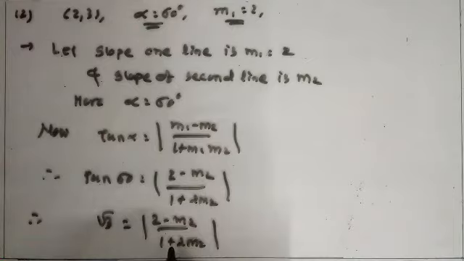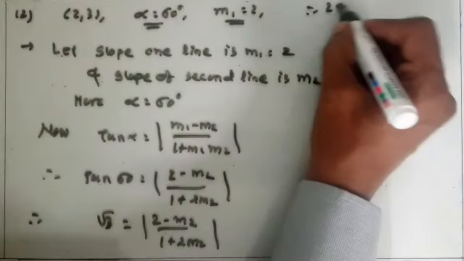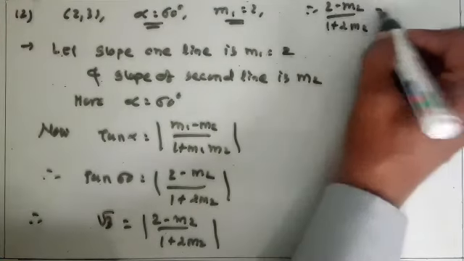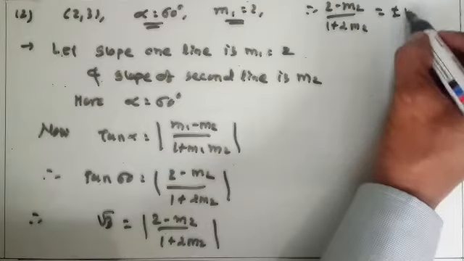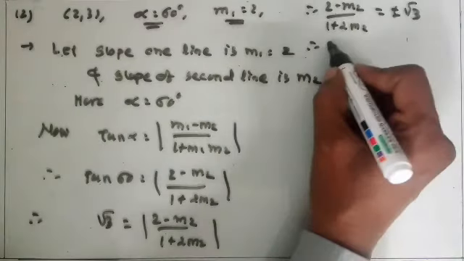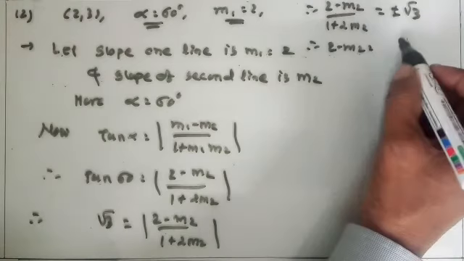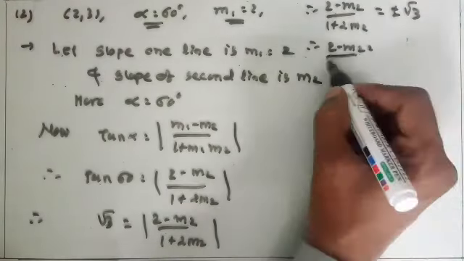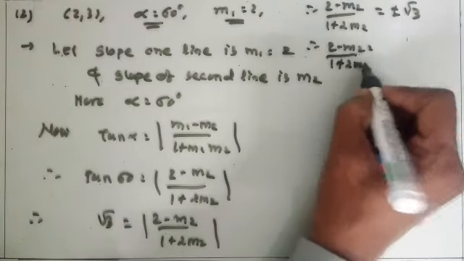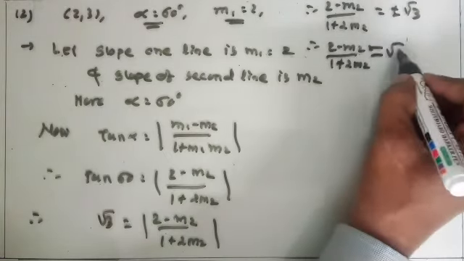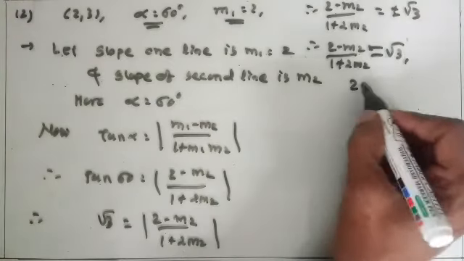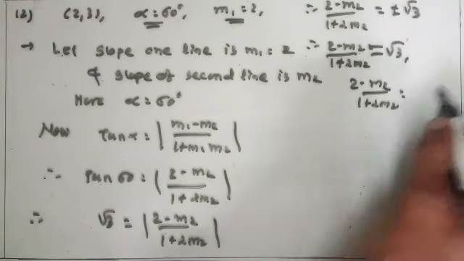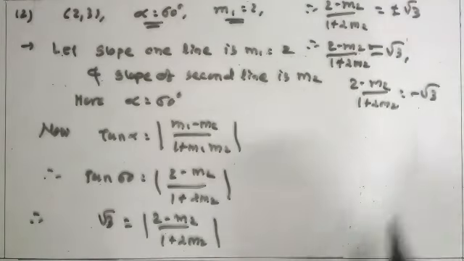Now eliminate the magnitude, we get 2 minus m2 upon 1 plus 2 m2 is equal to plus or minus root 3. First time take a plus, and the second time take a minus.